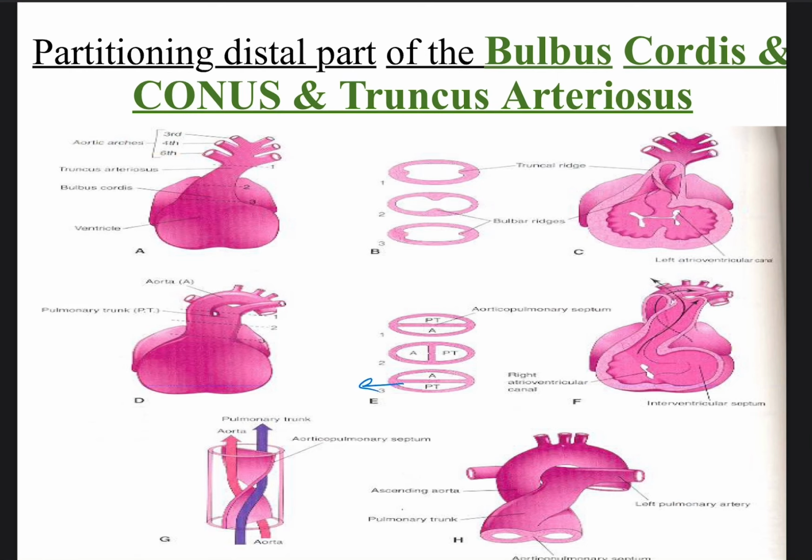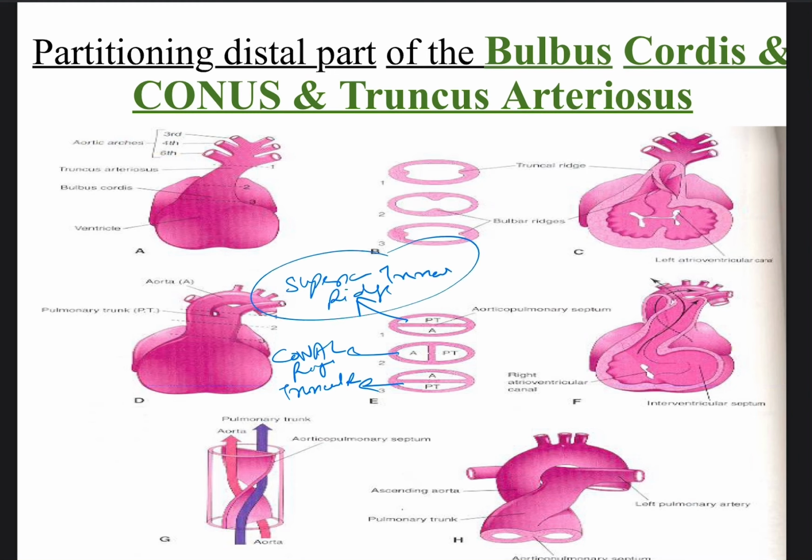Lowermost is the truncal ridge, this is the conal ridge, and this is the superior truncal ridge. This lower truncal ridge is also known as the bulbar ridge.